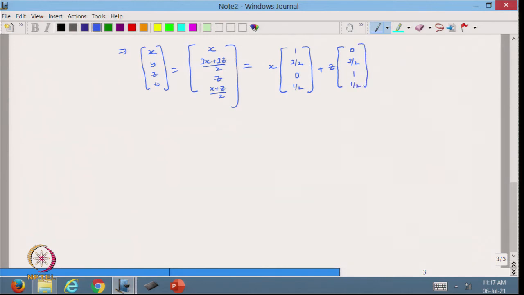So, also I know that from here these two vectors are linearly independent, because here it is the 0 element and here is 0 element. So, I cannot make this element 0 by a scalar multiple.